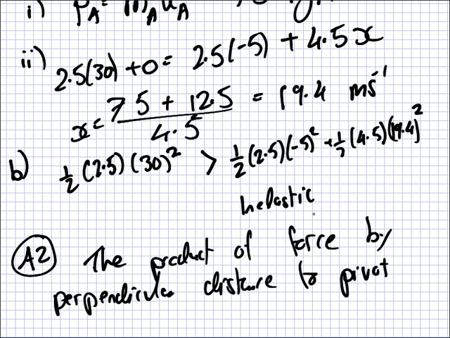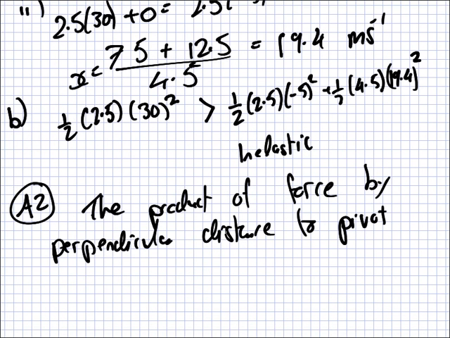The product of force by perpendicular distance to the pivot. So in other words, it's F times D. So you have your distance and you have your force there.